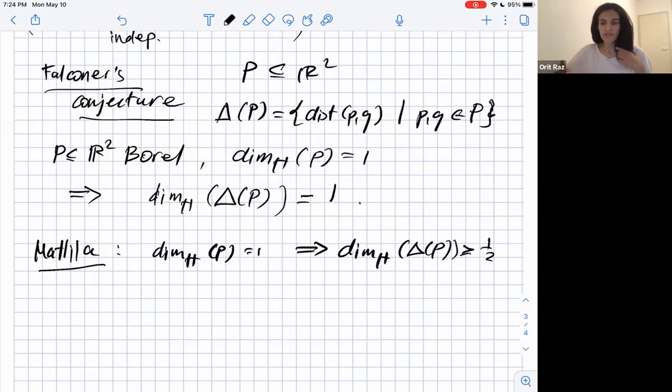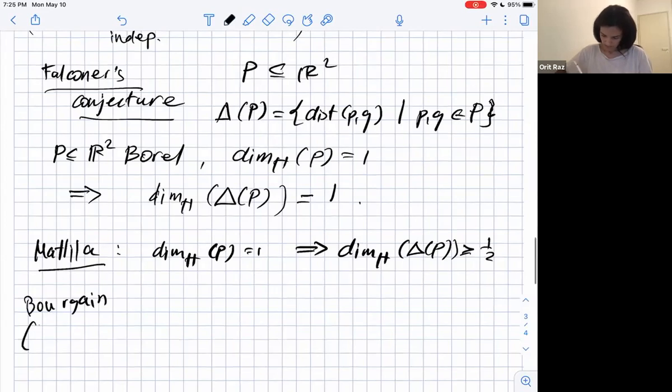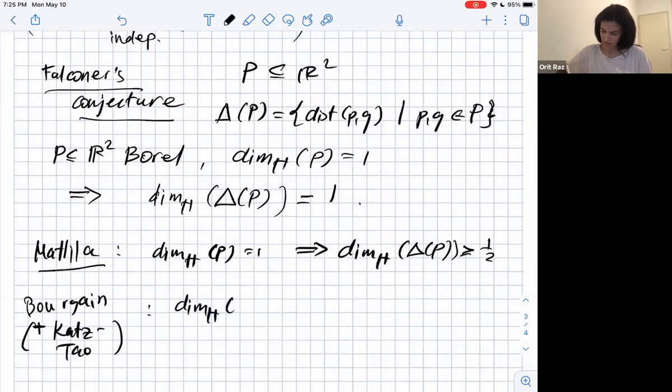So to make some progress, one wants to show it's larger than 1/2, and indeed, Bourgain, with some result of Katz and Tao, I'm going to say something about it in a second, proved that if the dimension of P is 1, then he improved the 1/2 to 1/2 plus some absolute constant.